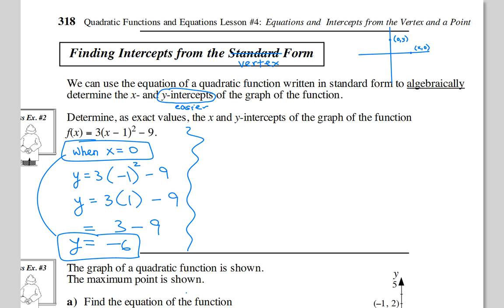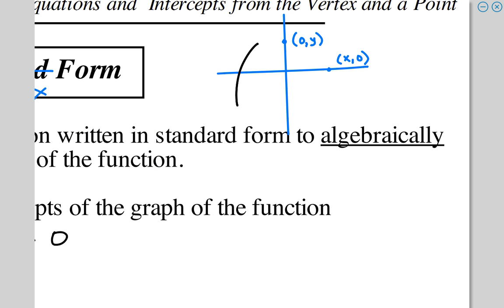That'd be awesome. Okay, what happens when y is 0? What happens then? So then we've got to find the x-intercepts, right? Now on a quadratic, how many x-intercepts can you get? Maximum. What's the most you could ever have? Well, no. The most you could ever have is 2.